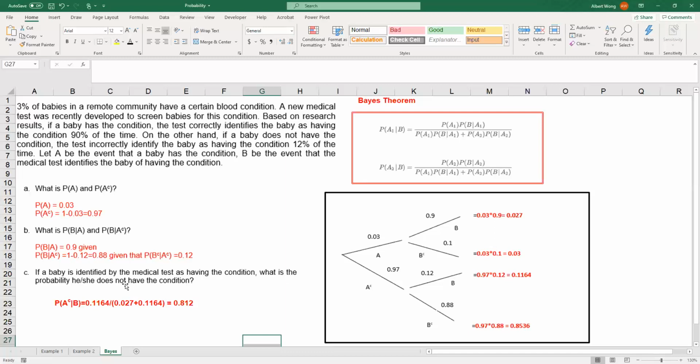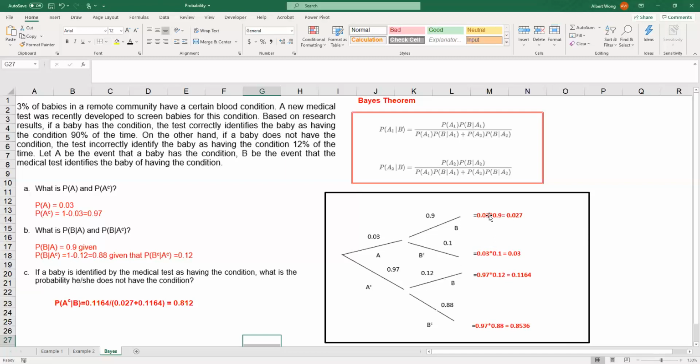Well, all we have to do is, first of all, identify the branches that show the medical test is showing the baby has a condition. So going back to the probability tree, which two branches show the baby is having the condition? Well, this branch and this branch.